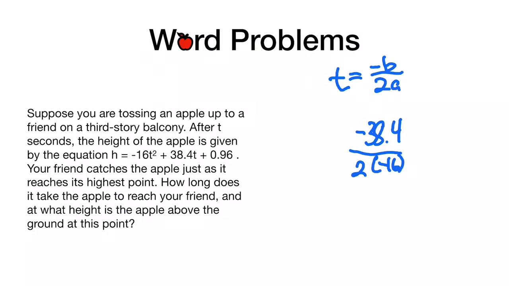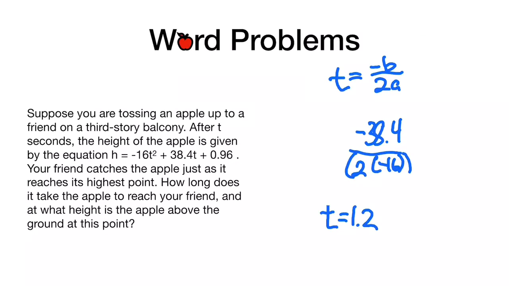Now if I put this in a calculator, I have to be careful so that I don't accidentally do divided by 2 times 16, which sometimes can occur. So in this case, let's try this. When I plug that into a calculator, I'll get that t equals 1.2.